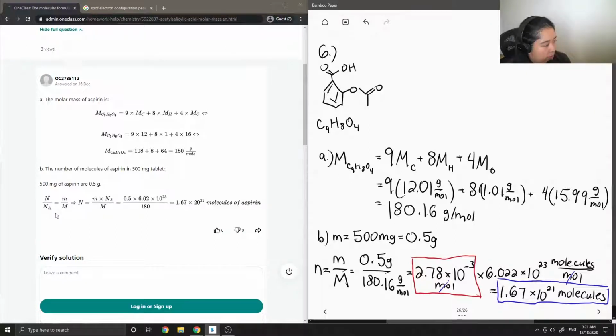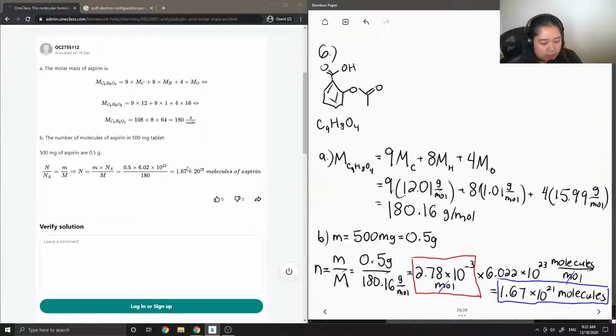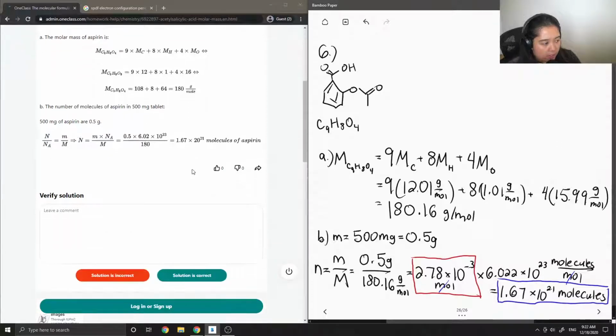So they show that it is the number of moles divided by Avogadro's number equal to mass over molar mass. Okay, so now they just did 0.5 times 6.02 times 10 to the 23 divided by 180. And they also got 1.67 times, I think they meant 10 to the 21 molecules of aspirin.